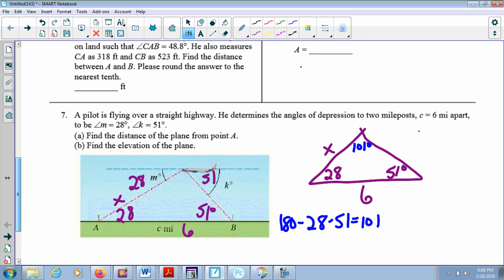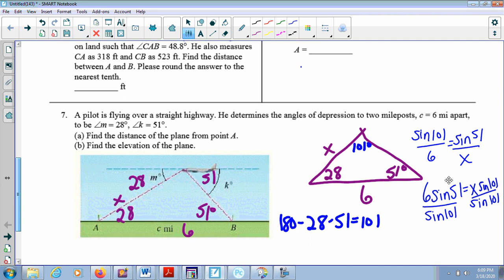So we have sine of 101 over 6 equals sine of 51 degrees over x, because we're trying to find this x. And cross multiply, put it in the calculator, and solve. So we'll write out what goes in the calculator. 6 sine of 51, I'll just multiply it, because x times sine of 101, we have to divide both sides by sine of 101.